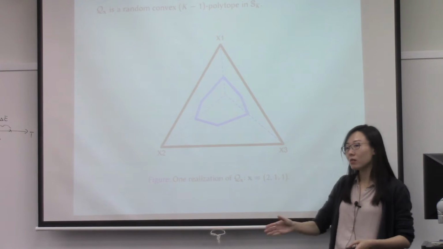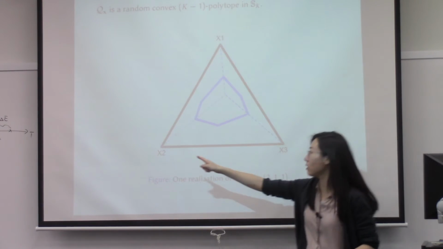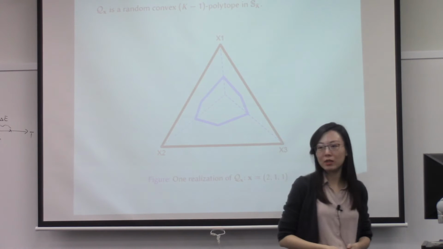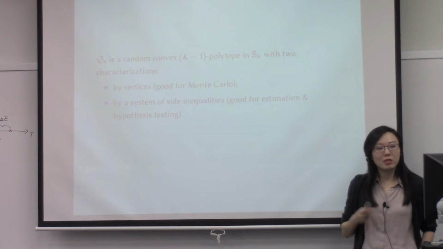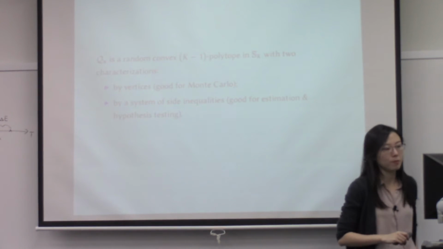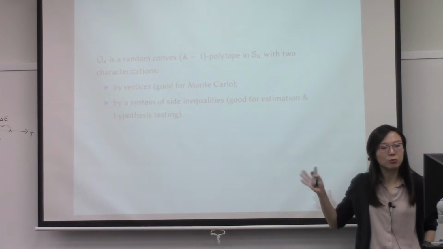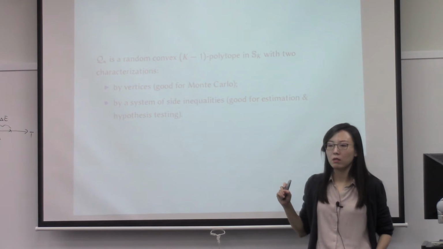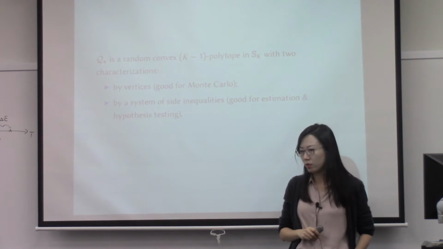And remember that we did not start with having assumptions on the lambda. It was only through the sampling mechanism of the x's. So let me tell you a little bit more about Q of x. It really is a fascinating object, and it's very easy to compute, which is why I like this idea, because in fact we could sample from it IID, because we know perfectly the joint distribution of its vertices.